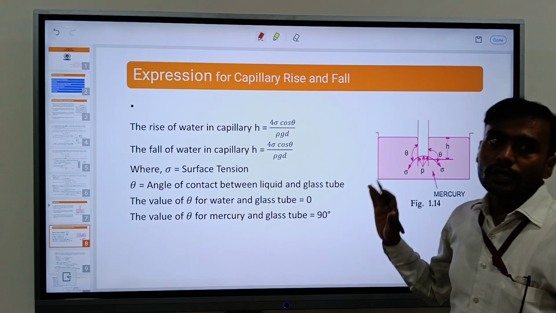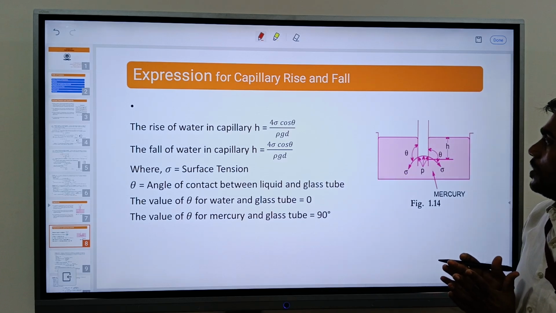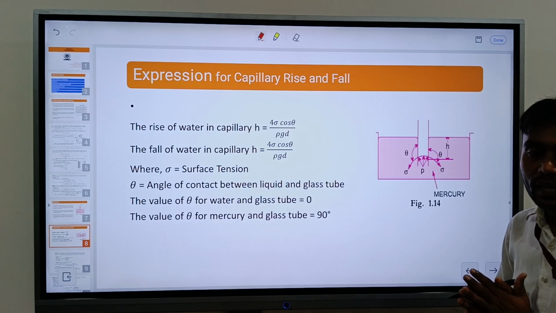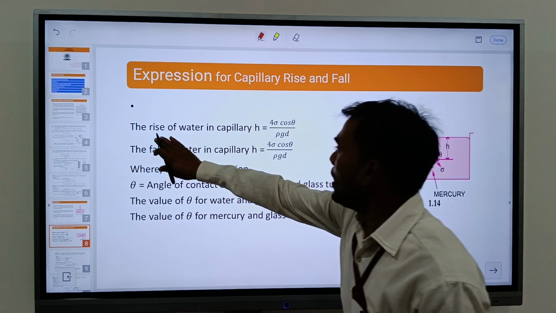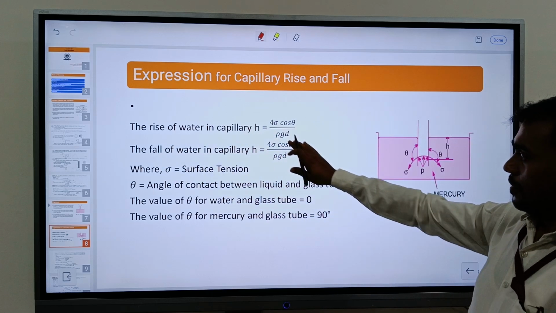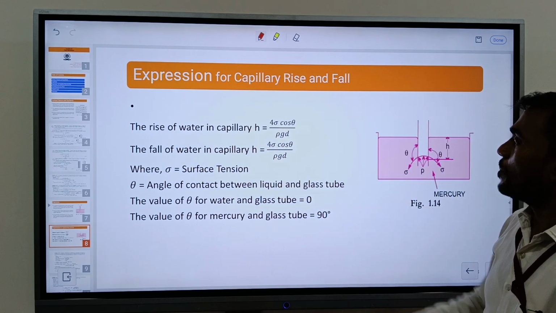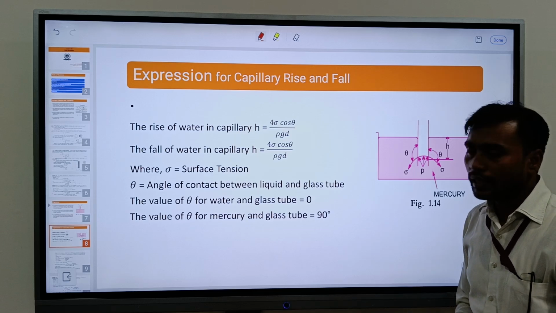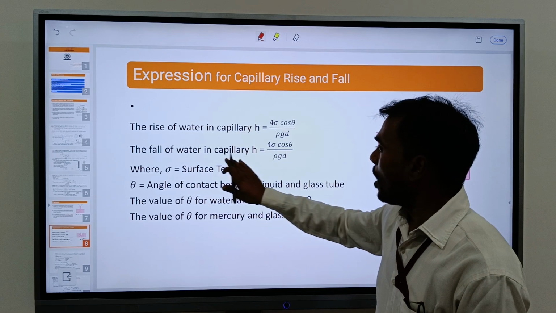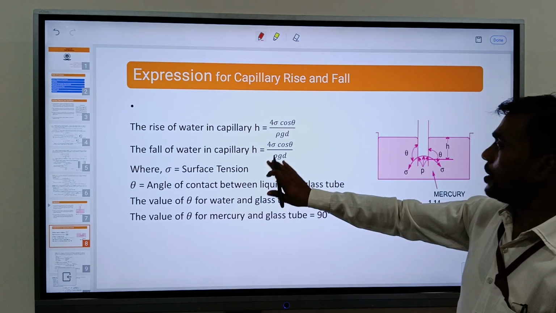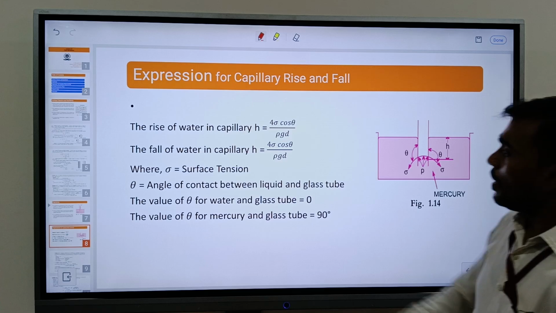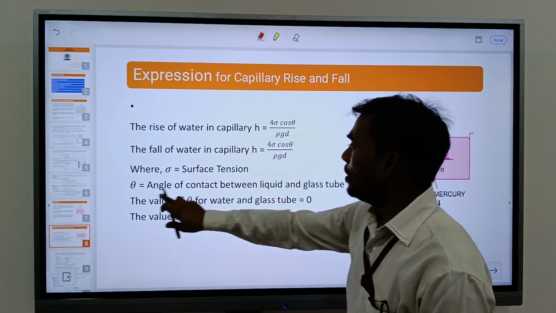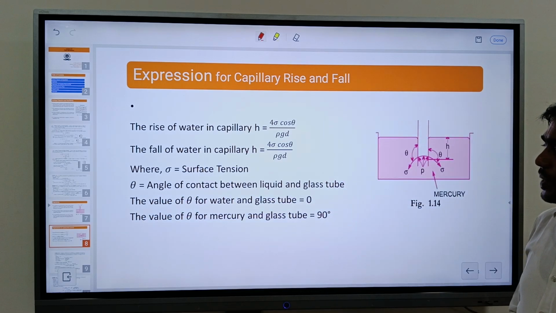Now there is a general expression required to calculate the capillary rise or capillary fall. This can be represented as the rise of water in capillary h equal to 4 sigma cos theta divided by rho g d, and the fall of water in capillary, that is h equal to 4 sigma cos theta divided by rho g d, where sigma is the surface tension, theta is the angle of contact between liquid and glass tube.